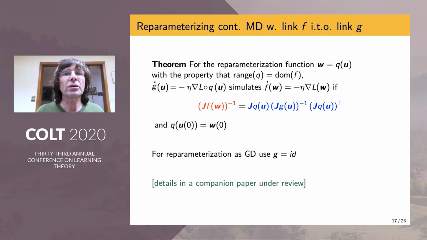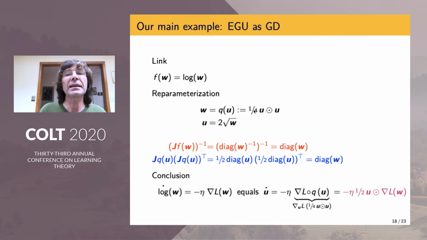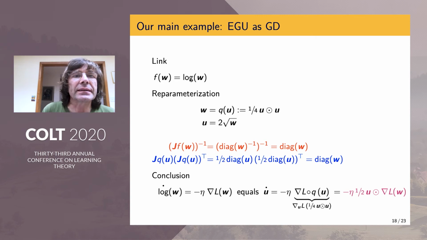Now, we show if you have a reparameterization function such that mirror descent with the G-link composite loss simulates mirror descent on the original loss, if certain conditions hold on the derivatives. Okay, main example. The original link is log and the G is the identity.